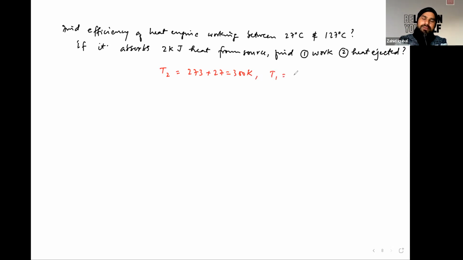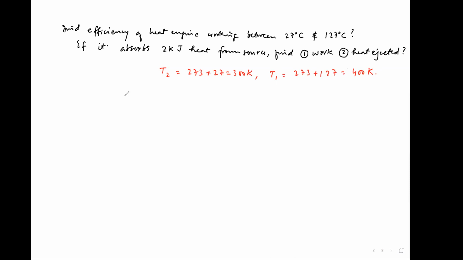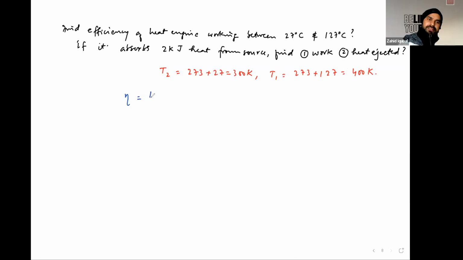And T1 equals 273 plus 127, that will be 400 Kelvin. Is it clear? So eta related to temperature will be 1 minus T2 by T1. Just simplify it, you'll get eta.